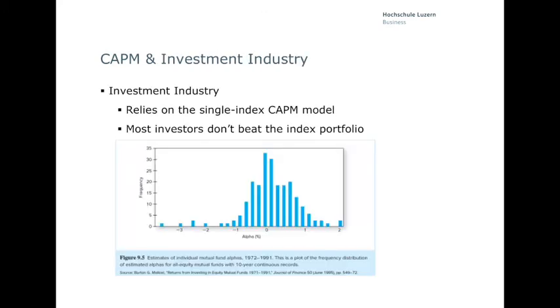CAPM and the investment industry. The graph shows a study by Burton Malkiel, who estimates alpha values for a large sample of equity mutual funds. The distribution of alphas is roughly bell-shaped, with a mean that is slightly negative but statistically indistinguishable from zero.